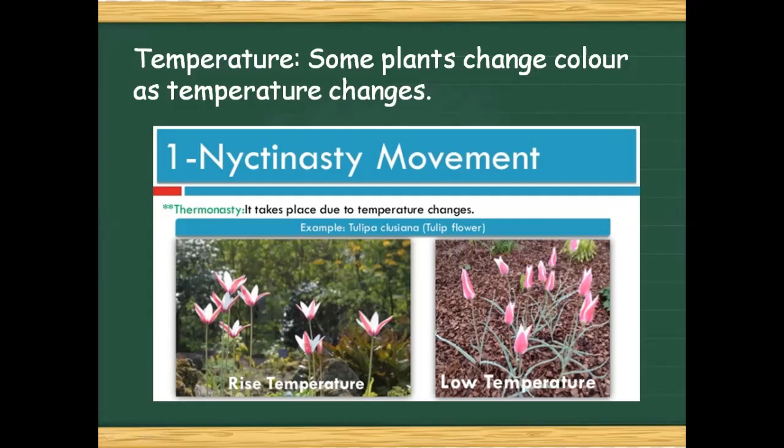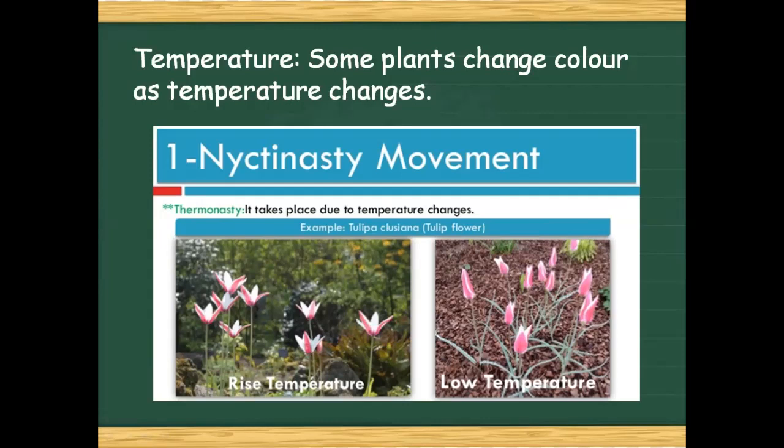Some plants in the morning light, when the temperature is fairly good, will be white in color. And then as the temperature gets lower in the afternoon or evening, the plant flowers will change to a deeper red.